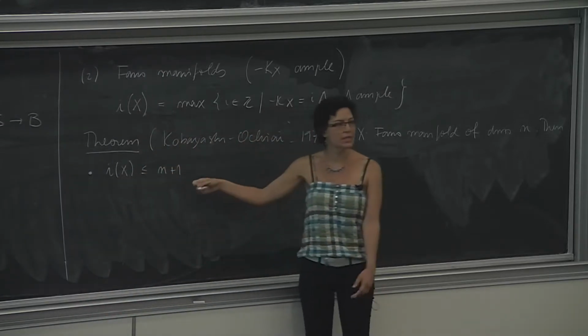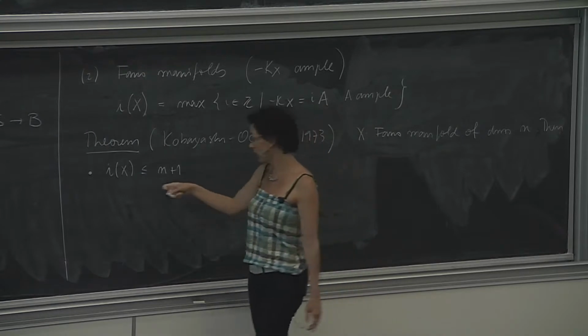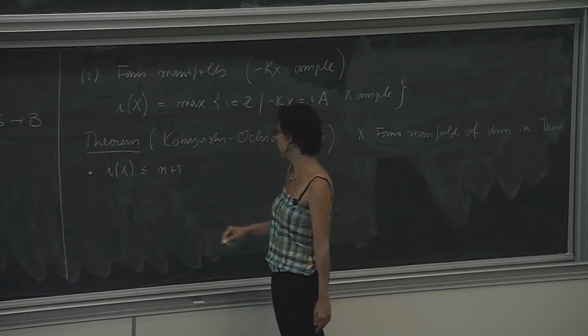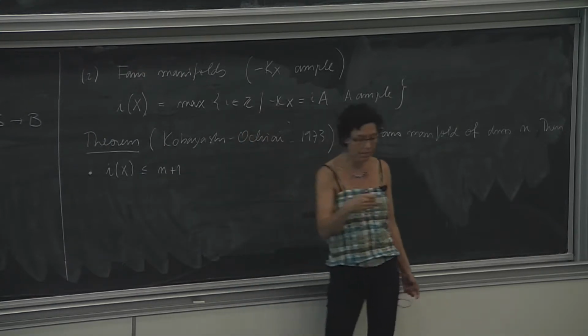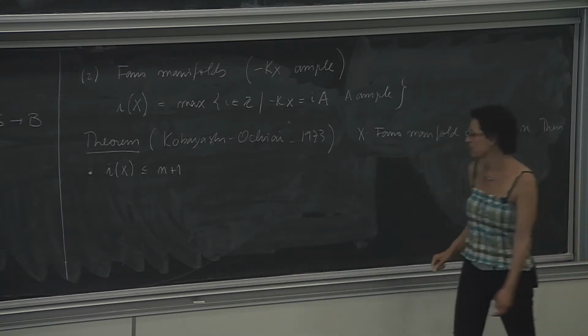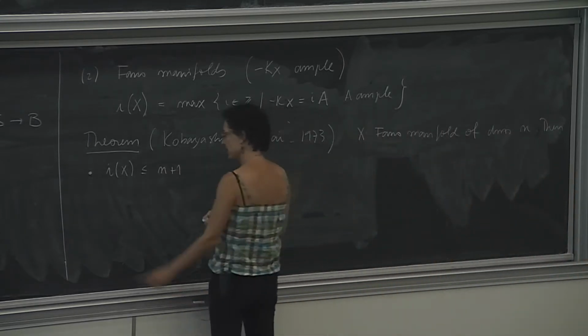Of course, this bound is achieved for P^n, since the canonical class of P^n is minus n+1 times the hyperplane section. But in fact, this is an if and only if.